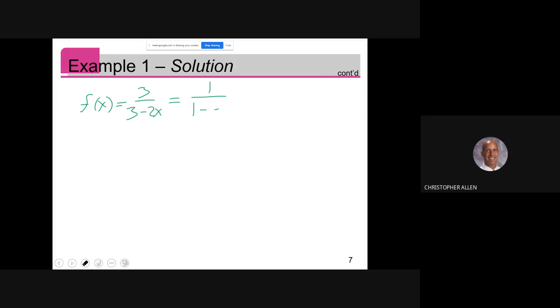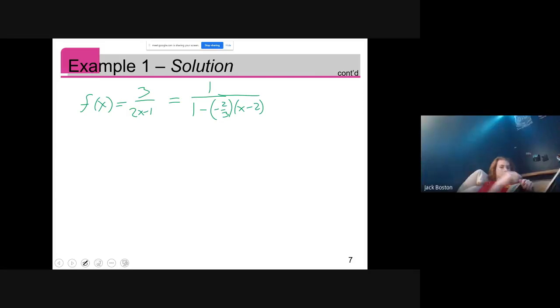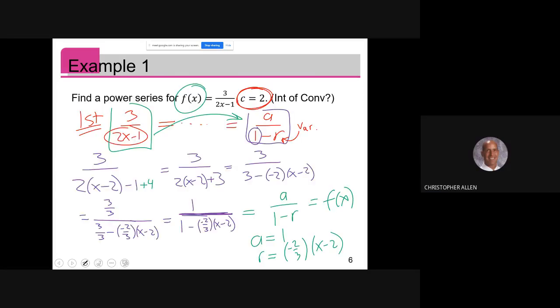Oh, sorry, you were right: 2x minus 1. We got that to look like 1 over 1 minus, and I think it was 2/3, then x minus 2. Is that right? That look good? Yes. Okay, just want to make sure we're on the same page here. I don't want to make any mistakes. Okay, we're good. Yep. Okay, cool.